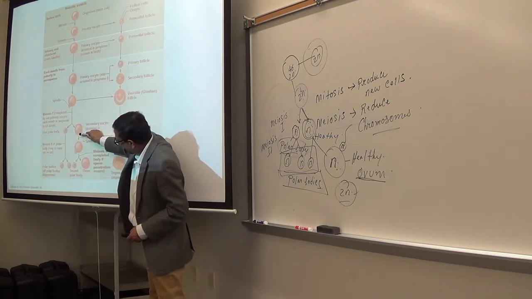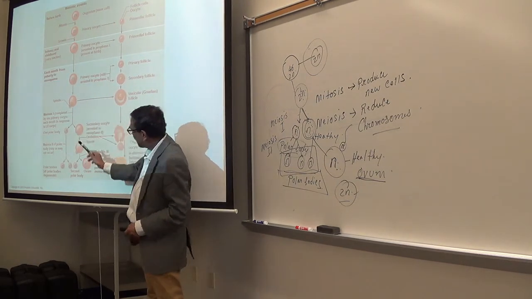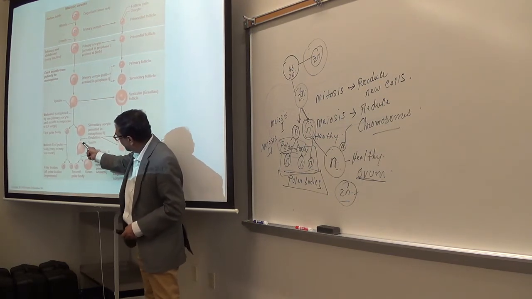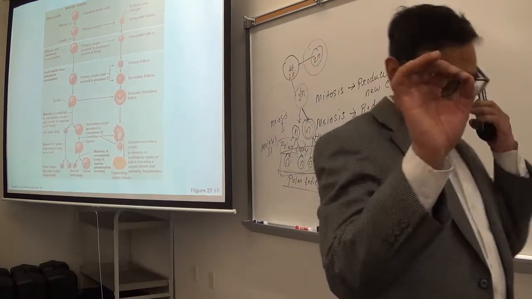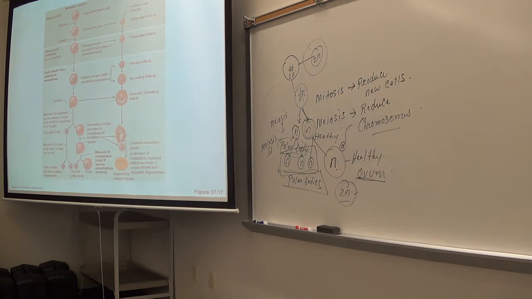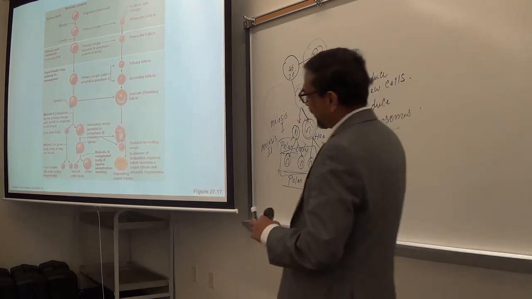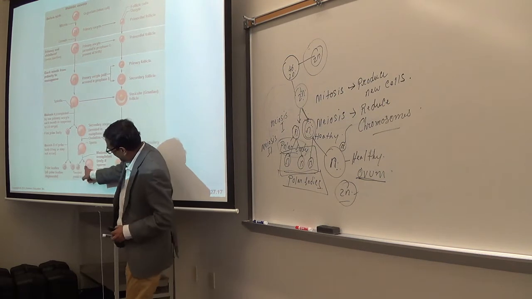Another is, meiosis 2 will not be completed if fertilization does not occur, if the sperm does not fertilize the egg. Only when the sperm fertilizes, then it is completed.